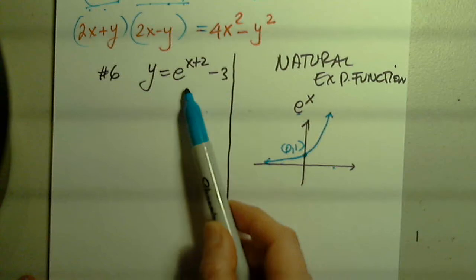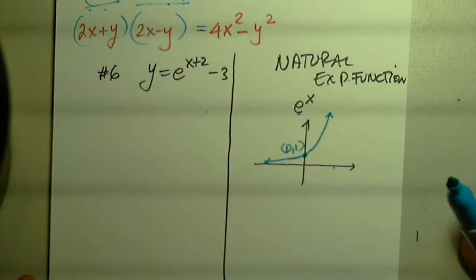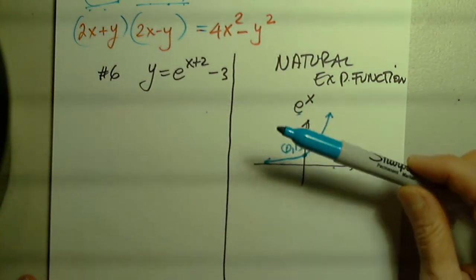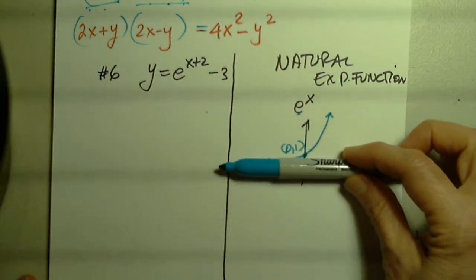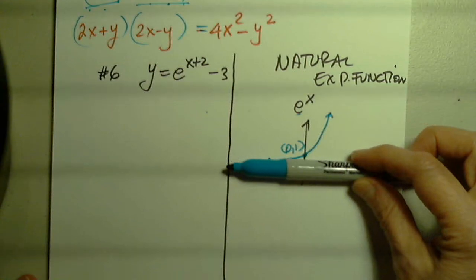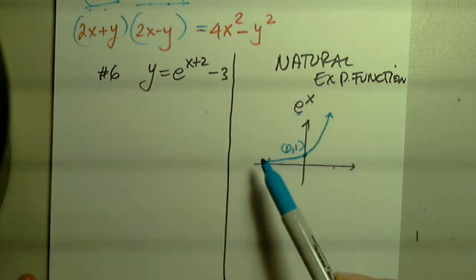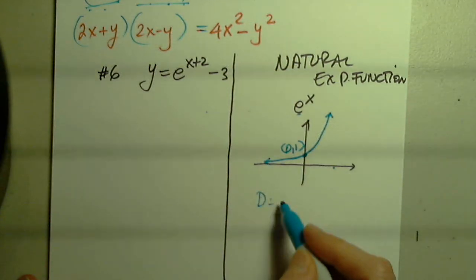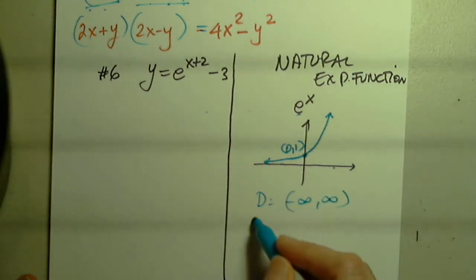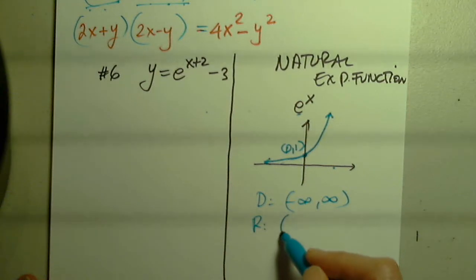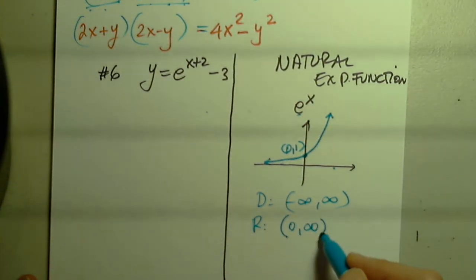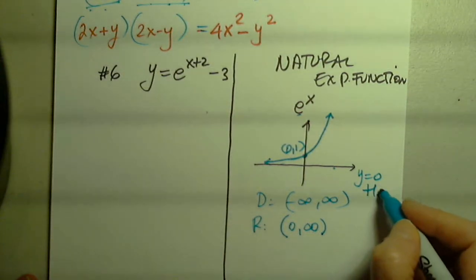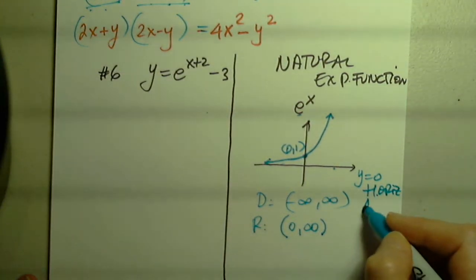Because if I have some transformations in it, the whole thing changes. The domain will never change for the exponential function, but the range will change. So as you see, it has a horizontal asymptote, y equals 0, and it's always increasing. So the domain is negative infinity to infinity, and the range is open 0 to infinity. And it has a horizontal asymptote, y equals 0.